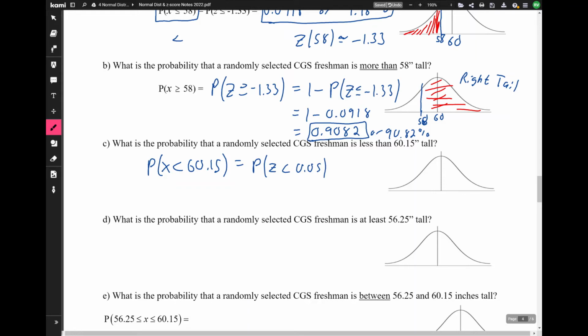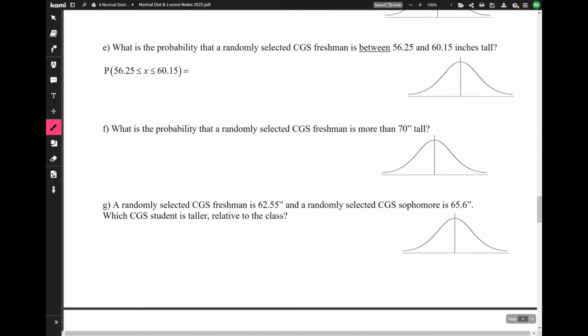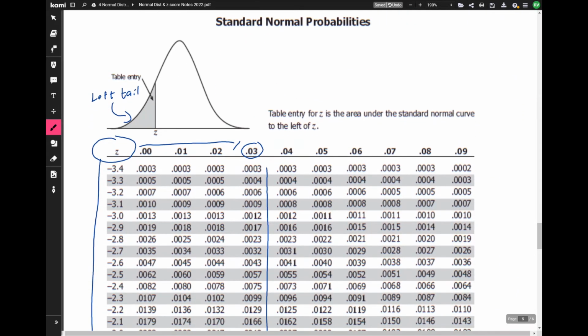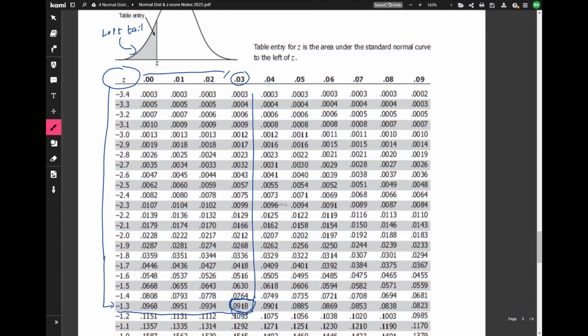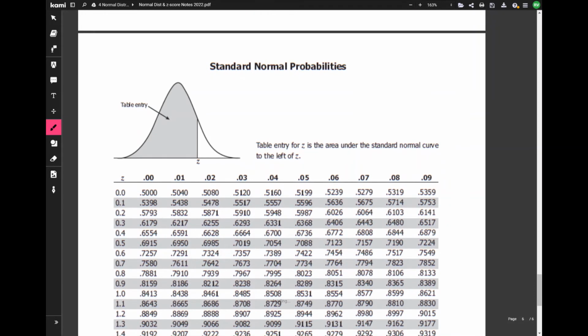0.05. So then it's just to the right of the mean is what we're looking at. And we're looking at that whole tail, the left tail. Because it's a left tail problem, we can go to our z table. Now the first page has all negative z values, so we need to go past that to the second one. It gives us positive z values.